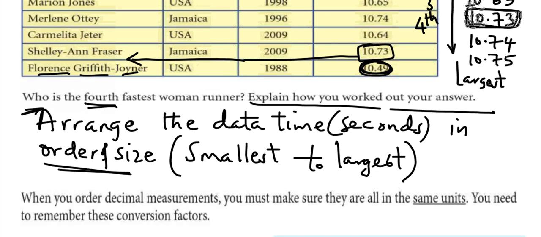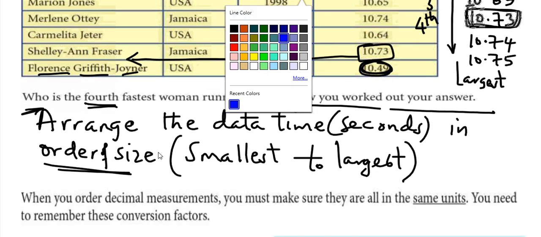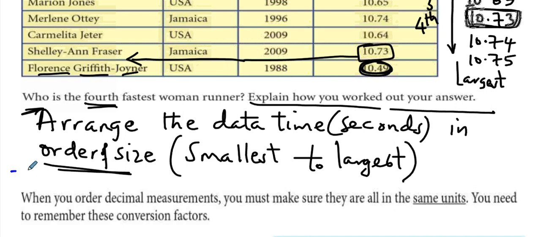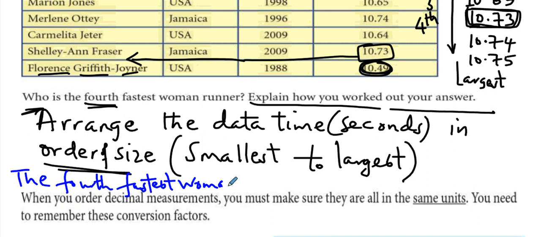So here you write the fourth fastest woman runner is Sherry Ann Fraser.